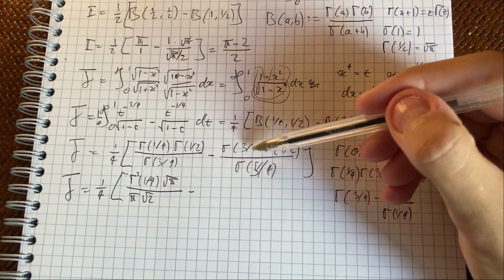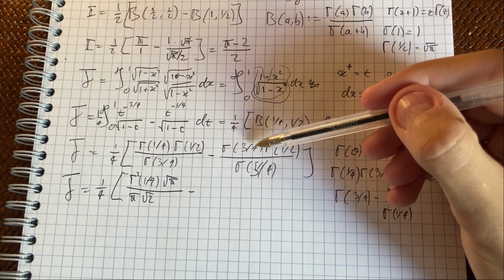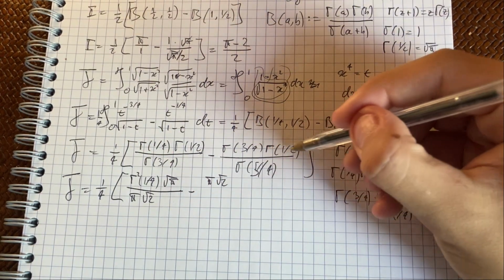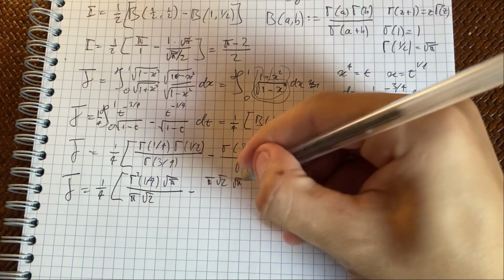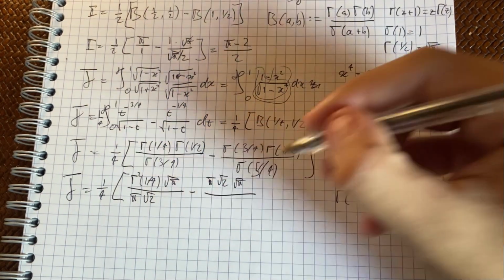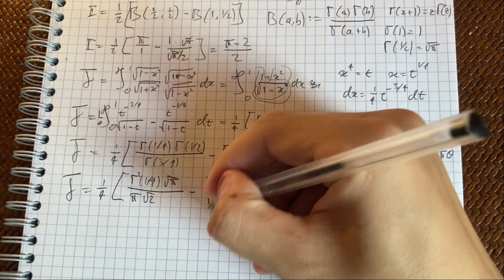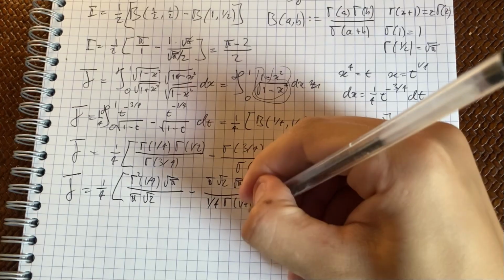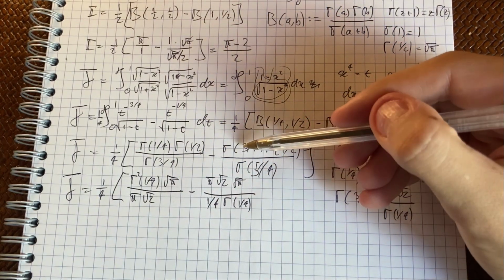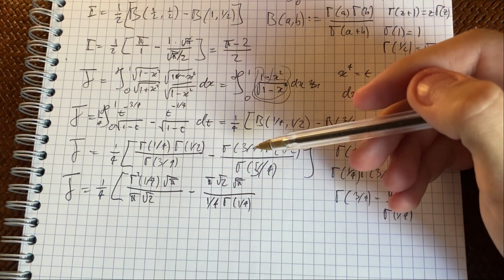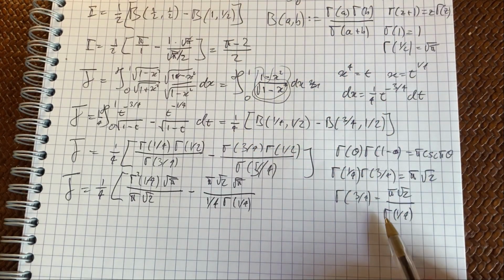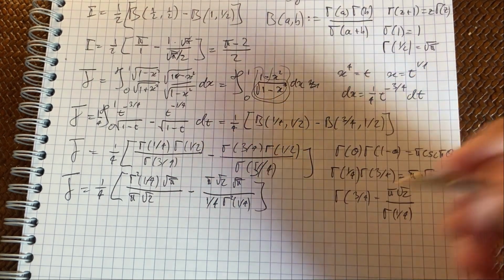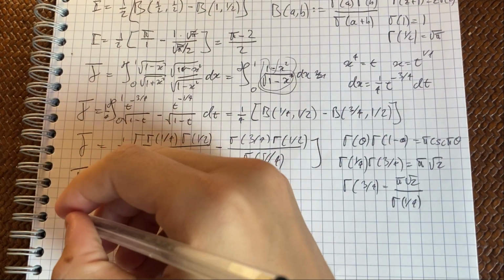We have gamma 3/4, which is pi square root 2. Here we have gamma 1/2, which is square root pi, and here we get 1/4 of gamma 1/4. But remember, here we had gamma 3/4, so we have to add an extra gamma 1/4. So here we put a squared.